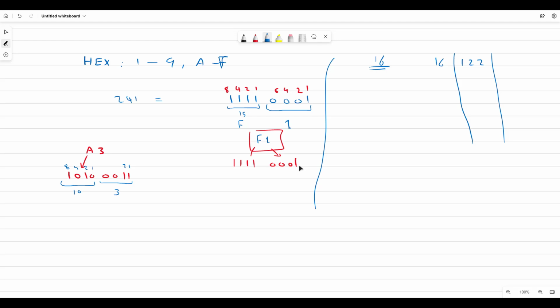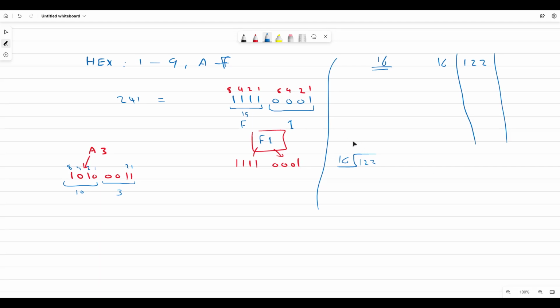It's better to use long division. 122 divided by 16 gives 7, with the remainder 10.